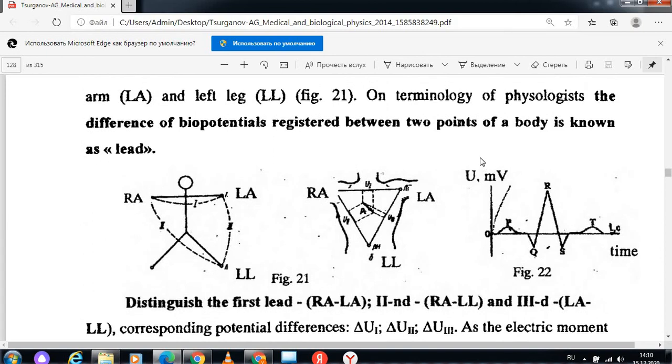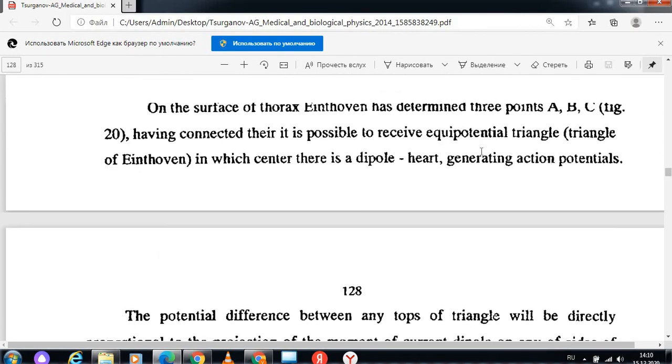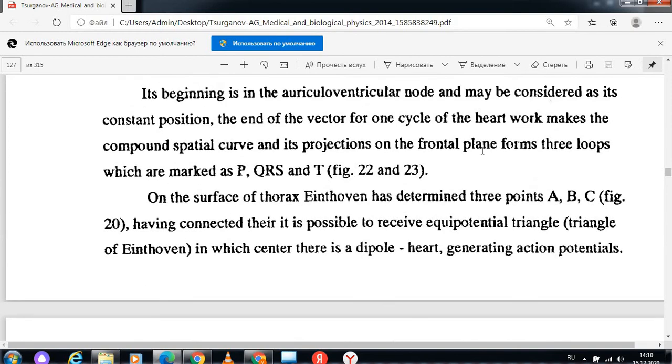So this is the difference of potentials.